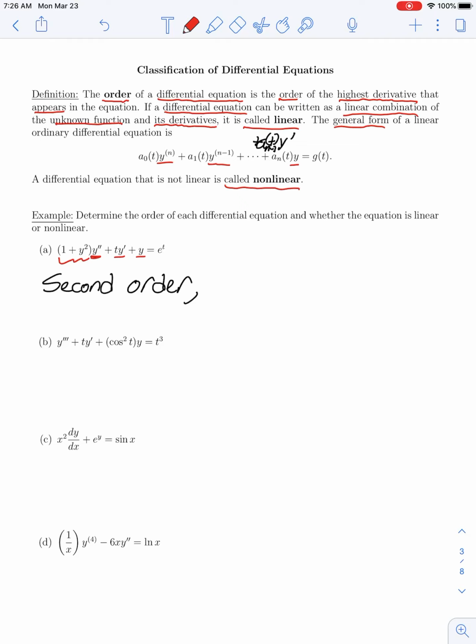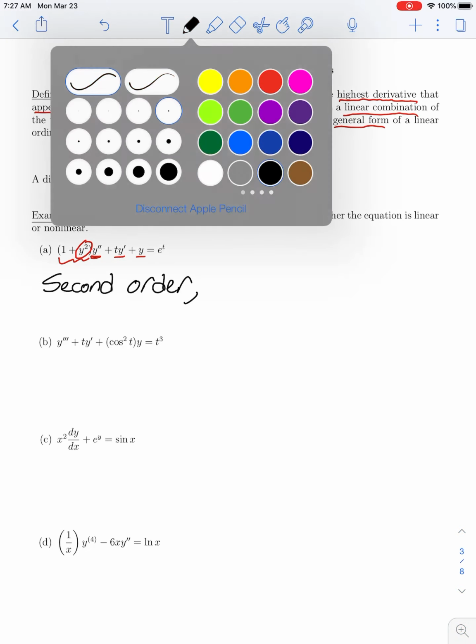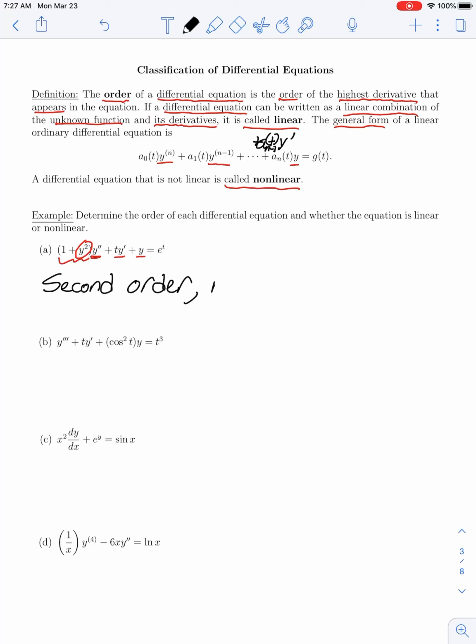We have a 1 plus y squared, and this y squared term is quadratic with respect to y. It is not linear. Therefore, our differential equation is nonlinear. So here we have a second order nonlinear equation.